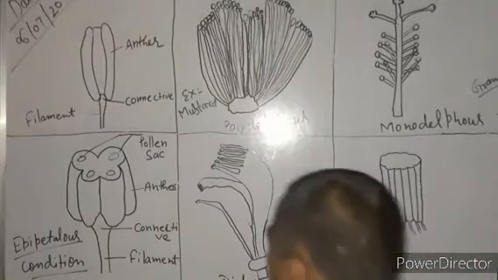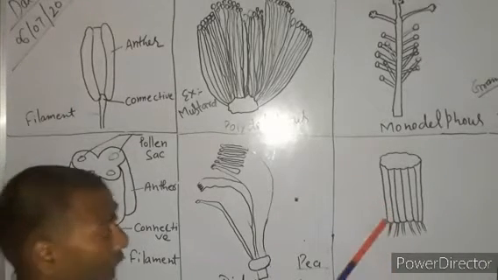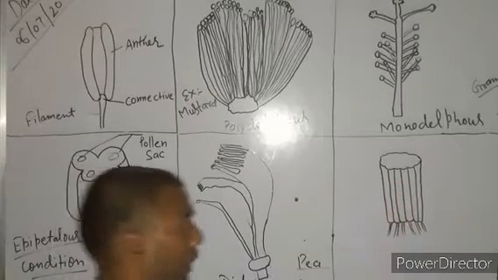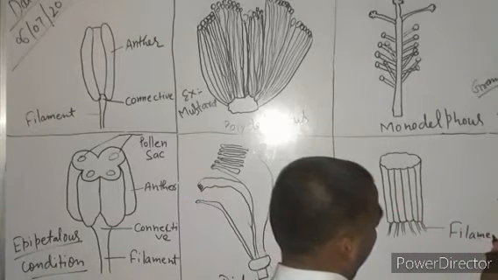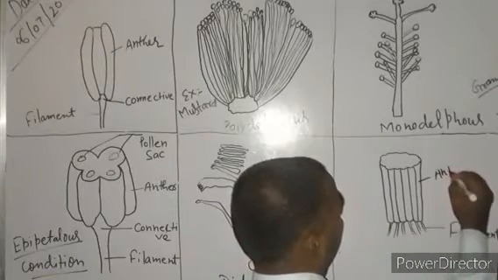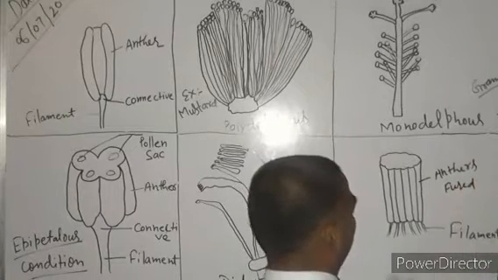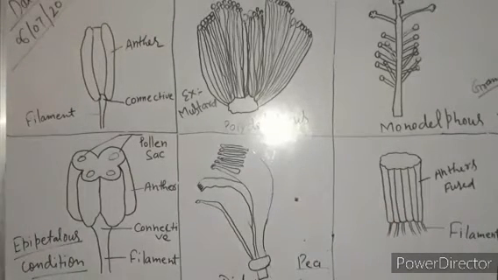And this is the condition in which the filaments are free and the anthers are fused. Here you can see this is the filament. Filaments are free and anthers are fused. It is known as the syngenesious condition.